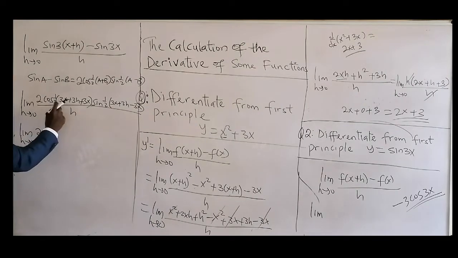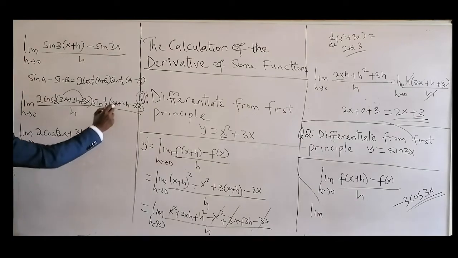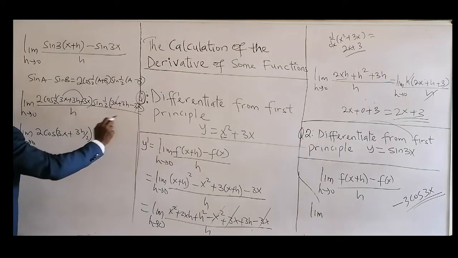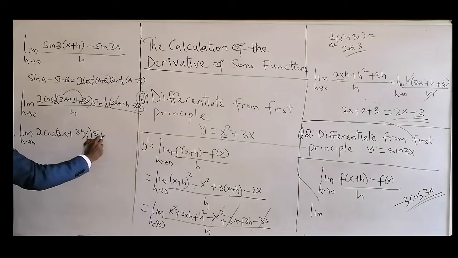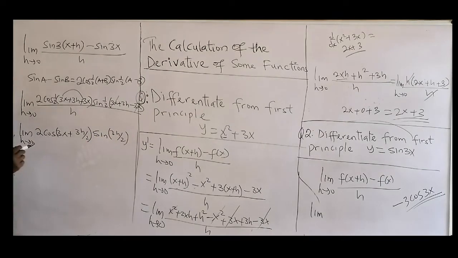So limit as h tends to 0, 2 cos, this one will be 6, and half of 6x is 3x, plus 3h over 2. Close that one. Then this one, 3x and minus 3x will cancel, and I will have sine 3h over 2. So we are going to do the same thing also.